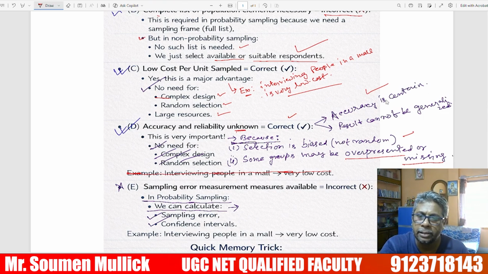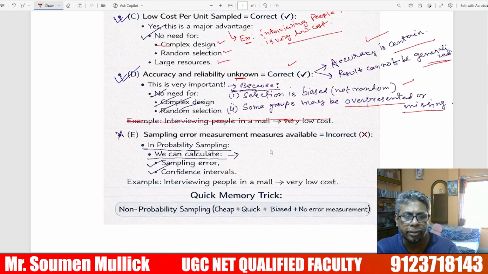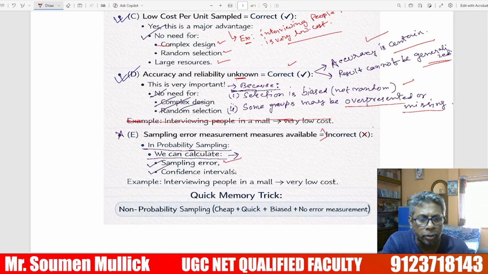So accuracy is uncertain in non-probability sampling. Finally, E, sampling error measurement available. That is also incorrect. Why? Because only in probability sampling can we calculate sampling error and confidence interval.